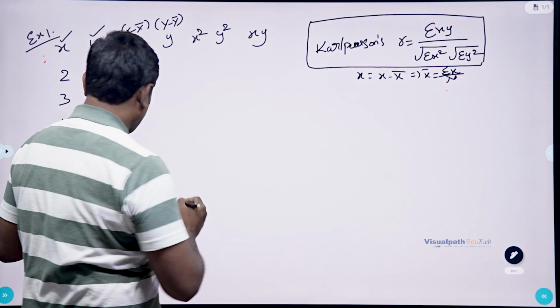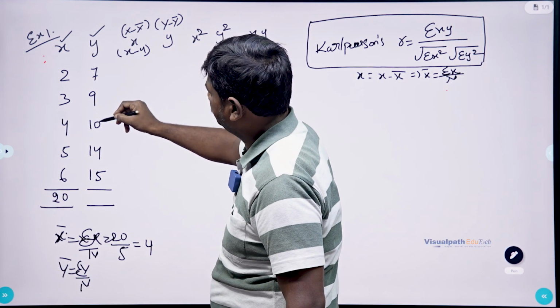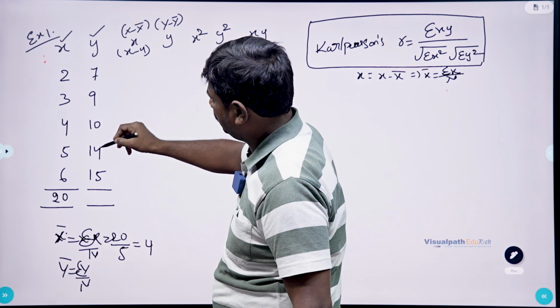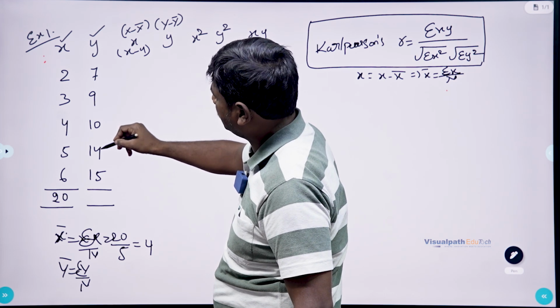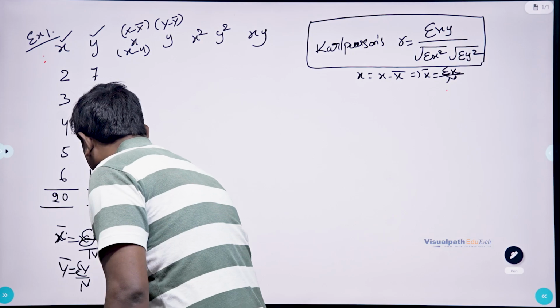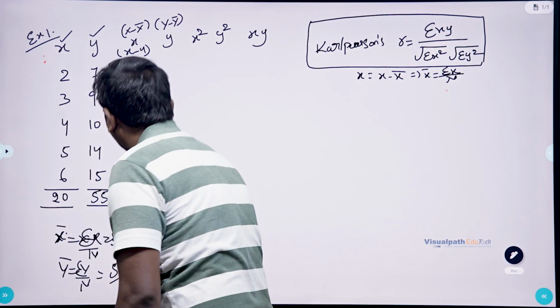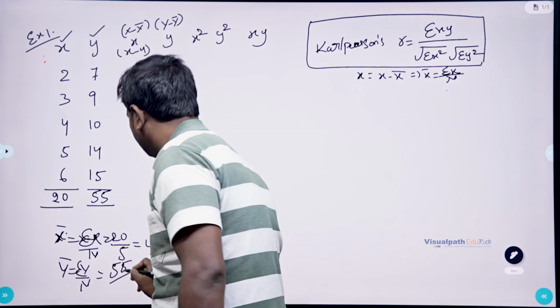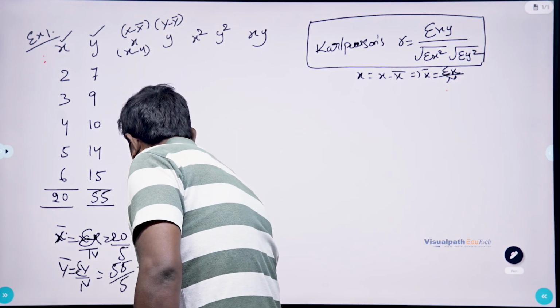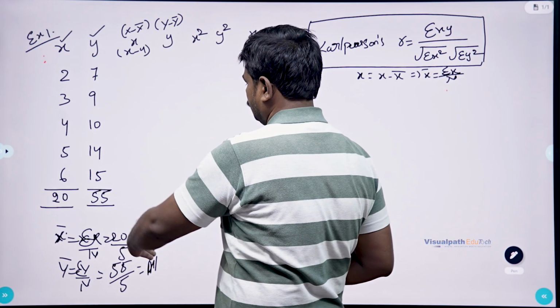Next, Y: 7 plus 9 is 16, plus 10 is 26, plus 14 is 40, plus 15 is 55. Then Y bar is equal to 55 by 5, which is 11. So this is 11 and this is 4.